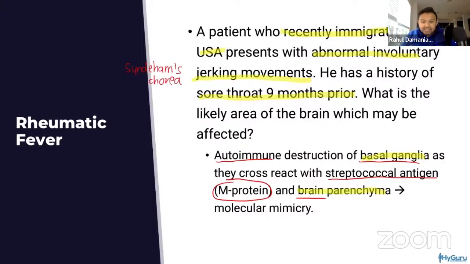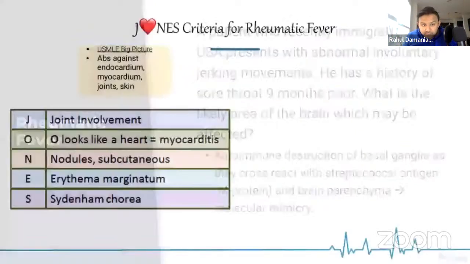And this is that process of molecular mimicry, that you have the M protein and your native brain or native tissue essentially being the same in terms of molecular composition. And bam, bam, bam, the immune system starts forming autoantibodies to both normal tissue as well as the M protein.